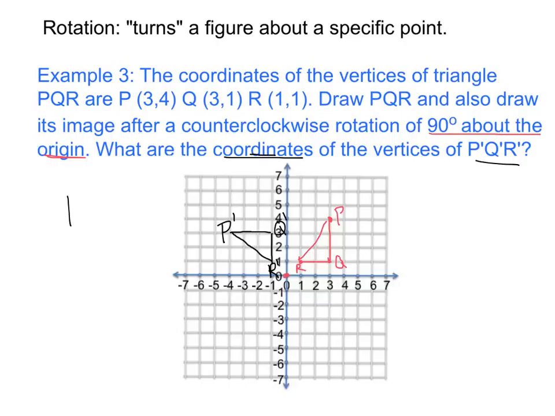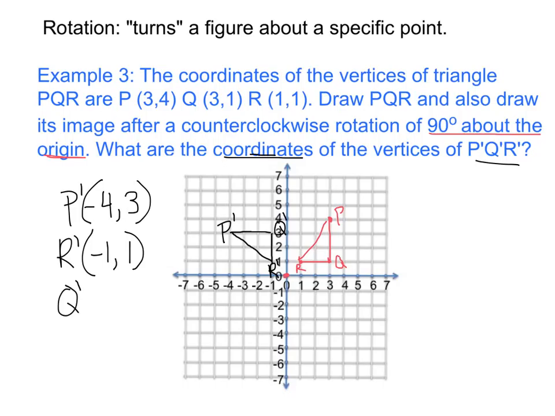P prime is at -4, 3. R prime is at -1, 1. And Q prime is at -1, 3. We have rotated it, and we've given the coordinates.